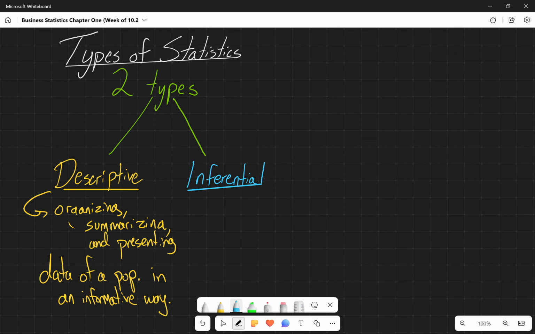Now compare this to inferential statistics, which are when we make decisions based on a limited amount or limited set of data.